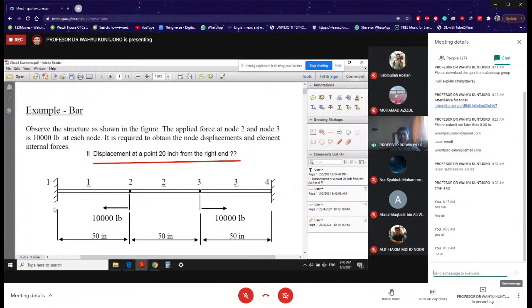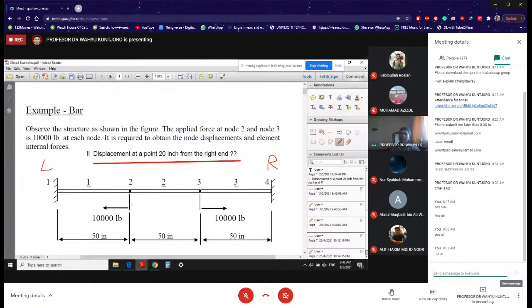So this here is not right end. This is left end. So this is left. And that means this is right. This is right end. So make sure that we have the same understanding. Otherwise, you are going to be in trouble.